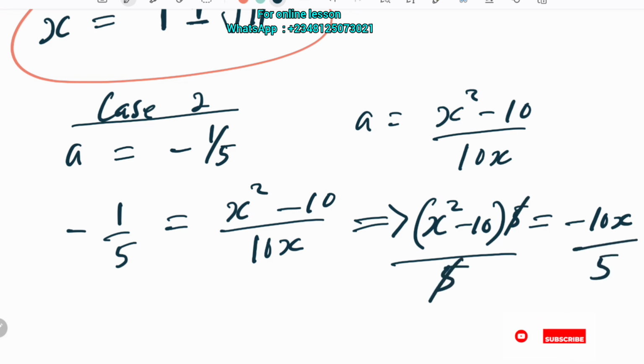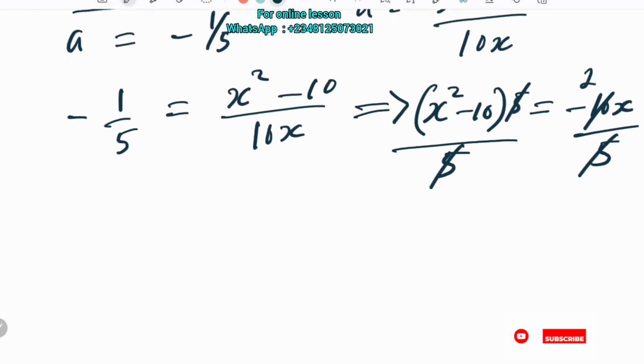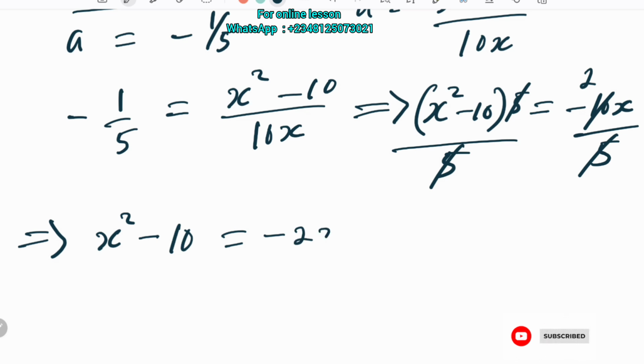So this one will cancel out. This leaves us with a negative 2x. So here it becomes x squared minus 10 equal to minus 2x. Now let us rearrange so we can solve quadratically. So it will imply that x squared plus 2x minus 10 equal to 0.